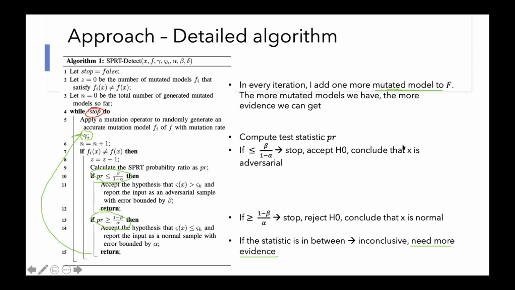At least for my intuition, a more straightforward way is that we prepare 100 or maybe 1,000 mutated models. I don't care how we get them; we just prepare maybe 1,000 models.